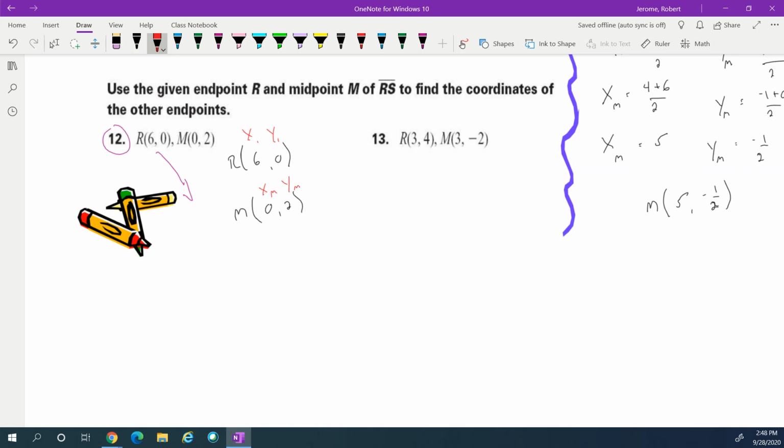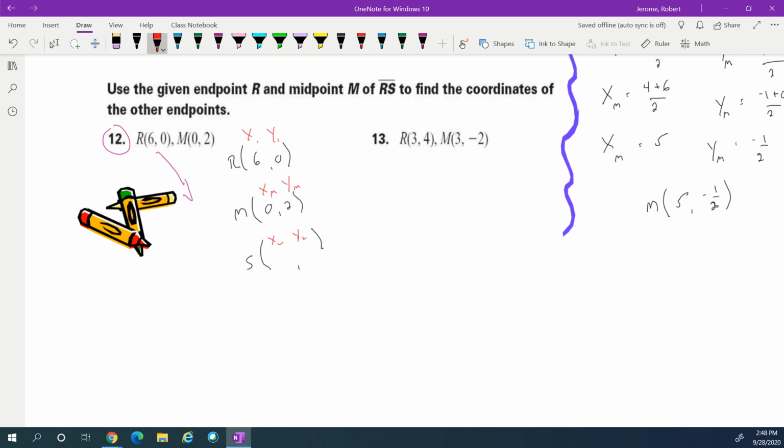We're looking for the other point, so we're looking for S. That's what we're looking for right there, S, which is x2, y2. It's the second endpoint. Labeling this correctly is absolutely critical. We have to be able to plug it into the formula correctly.